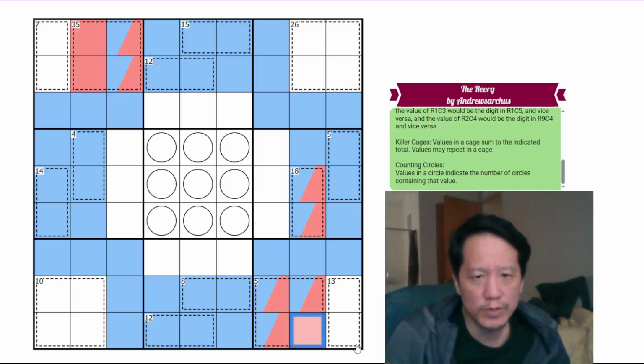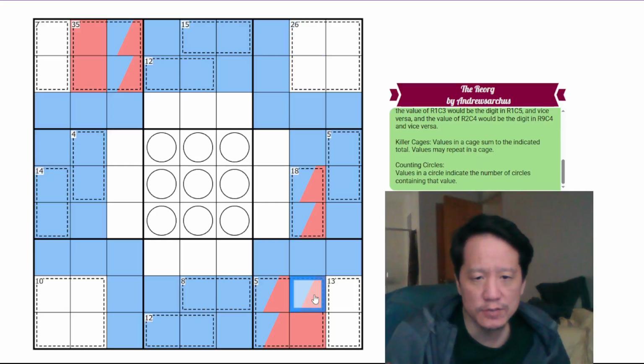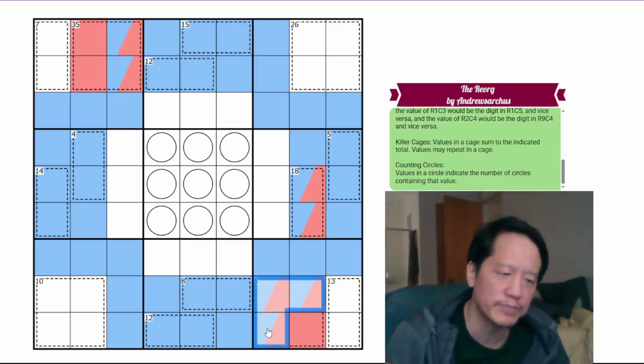Say you had a swapper here. If you had a swapper here, that would swap these two cells and these two cells, but these are in the same box, so therefore this would be 1, 2, and 3 as a possibility.